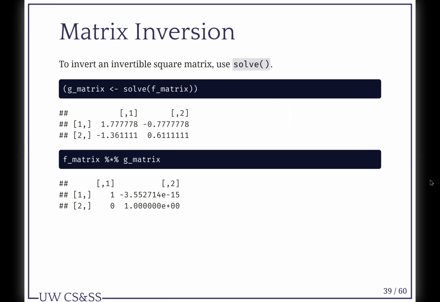So here we take the G matrix and we solve the F matrix to invert it. We would use this so that we can like create an identity matrix. In fact, I tried to create an identity matrix just below there by doing F matrix times the inverted F matrix, or G matrix.